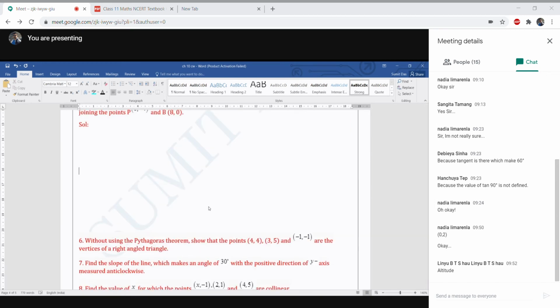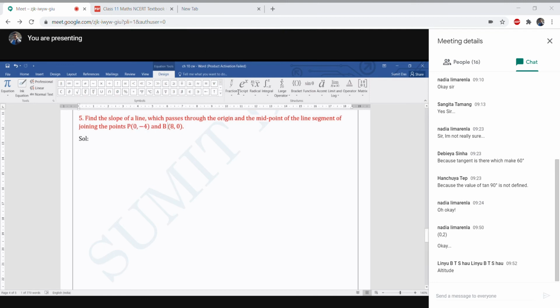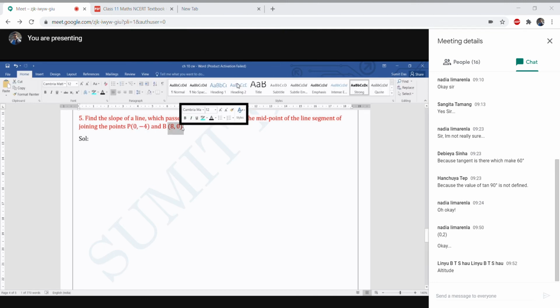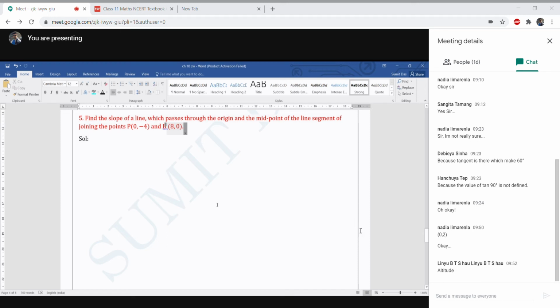So question number 5 is saying, find the slope of a line which passed through the origin and the midpoint of the line segment joining P and B. P is (0, -4) and B is (8, 0).